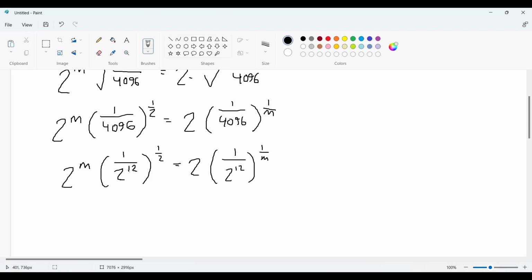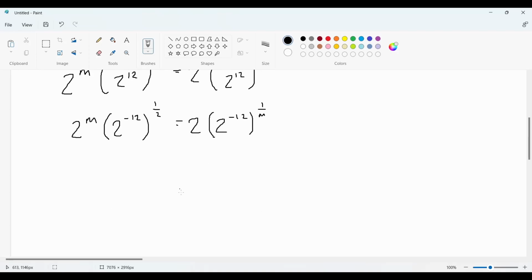And 1 over 2 to the power of 12 is actually the same thing as 2 to the negative 12. So this is equal to 2 to the power of m times 2 to the negative 12 to the 1/2. And this is 2 times 2 to the negative 12 times 1 over m, or 2 to the 1 over m.